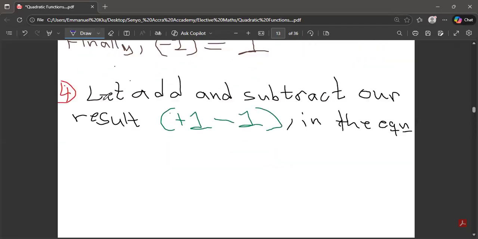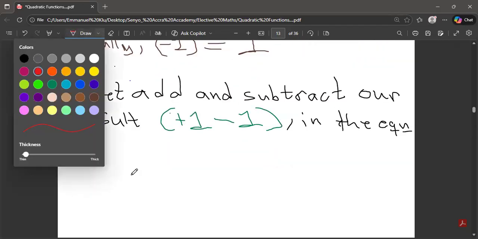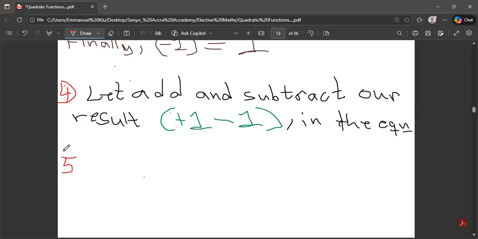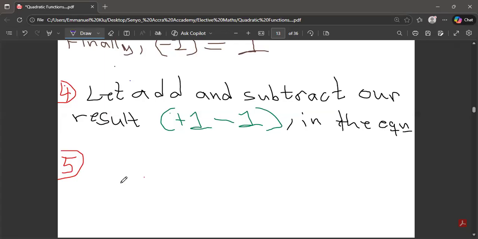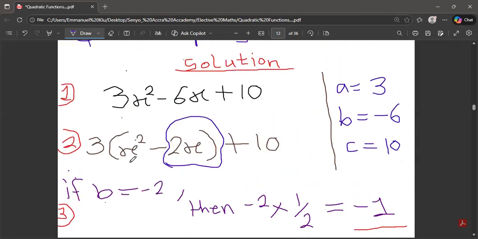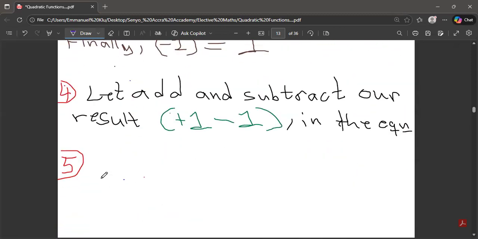So it means that this is our step 5. And in step 5, at the end of the day, you realize that we are getting, let's say, I still bring my 3 outside. Okay, good. And in the bracket, what can we see in the bracket? X squared. But take note, in this case, this 3 is actually going to multiply everything in the bracket that we are going to be seeing.